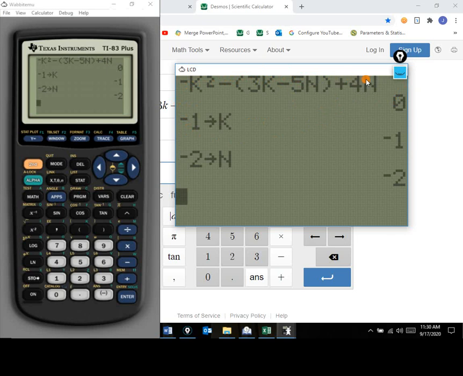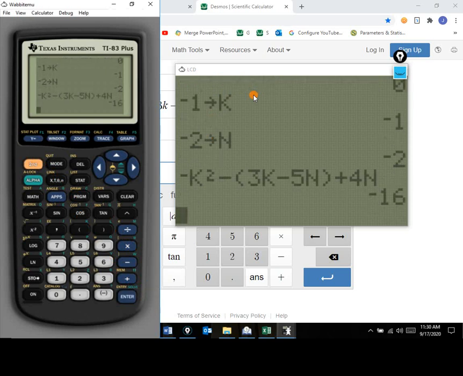I actually have to type this in again, but the easiest way to do that is to hit second enter and keep doing that. It remembers the last 10 things I typed in. So I can go second enter, and eventually it comes back up to this. If I hit enter, it'll show me my -16. Does that make sense? Okay.